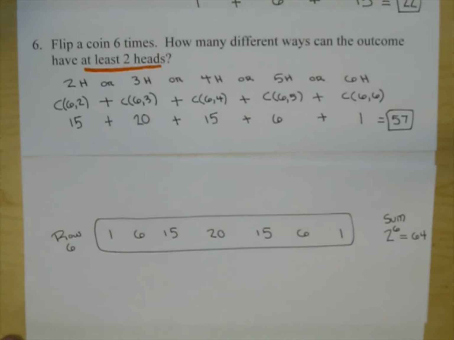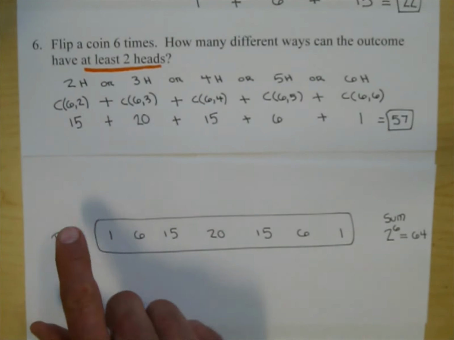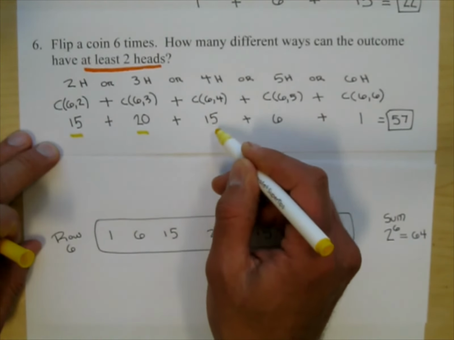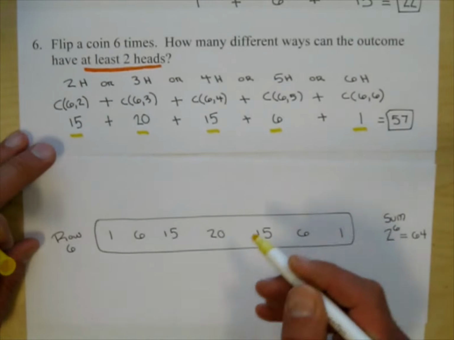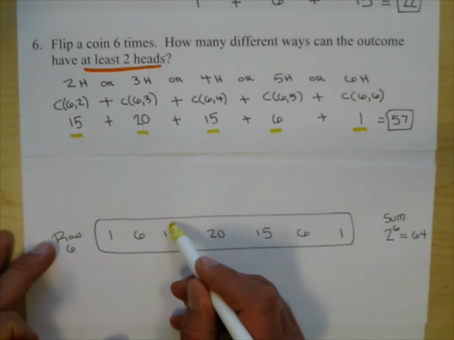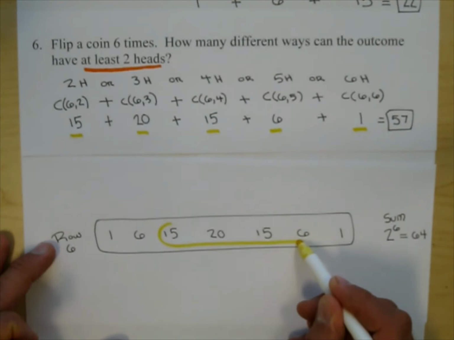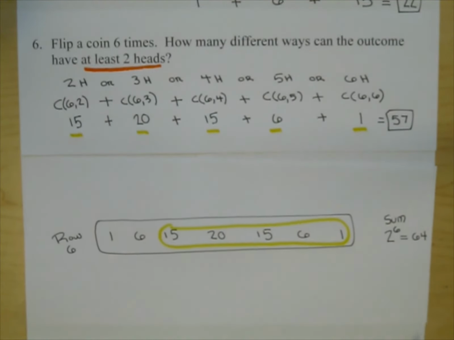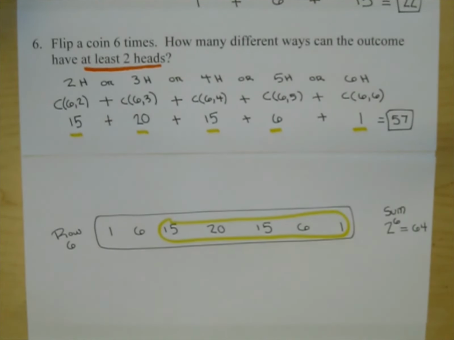And in this problem, what you had right there, I'll underline these in yellow, is you had to add those up. And for some of you, this may be more confusing than just doing the problem directly.